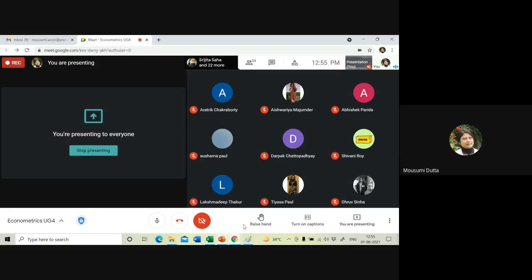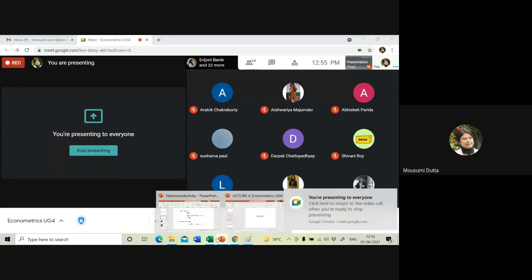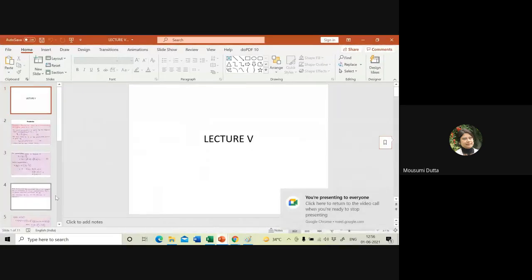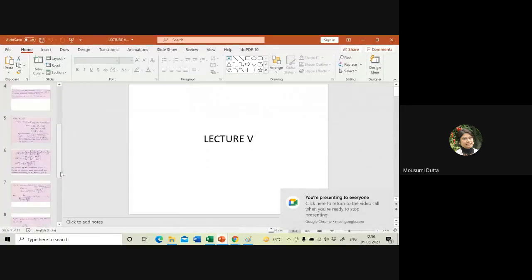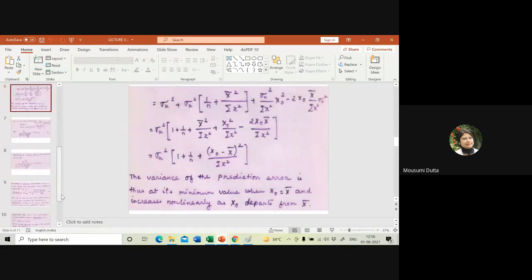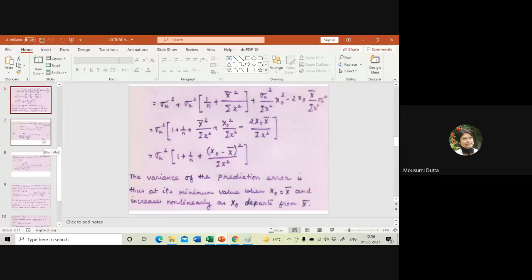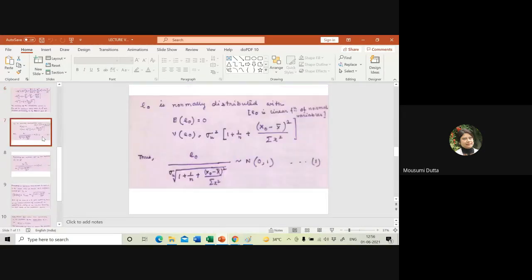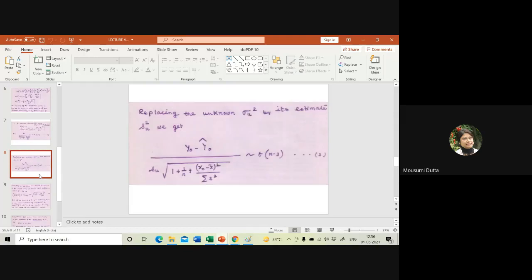So next day I'll start autocorrelation. Today just trying to cover the rest of the part from prediction. How much we did in the last class? All these things I did, I think. So how much I covered?